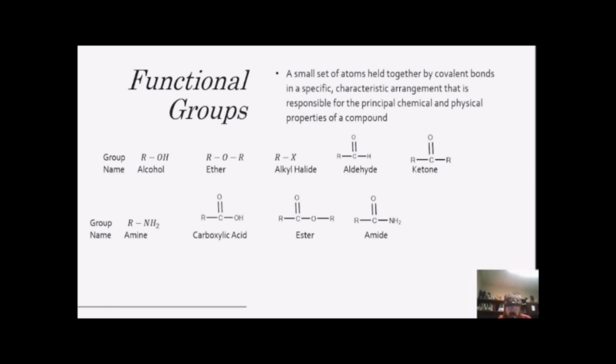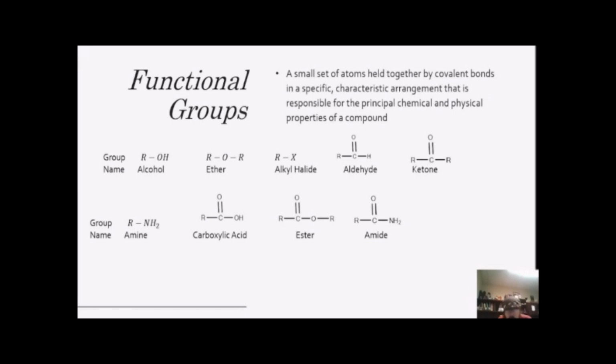Some of these we haven't really seen, or we've seen in passing if you've read the book. If you put a double bond to an oxygen followed by a hydrogen, so essentially a primary carbon with a C double bond O, it's an aldehyde. So in cinnamaldehyde, look for that C double bond O H. If you have a secondary type, so it's carbon double bond O carbon, it's a ketone.